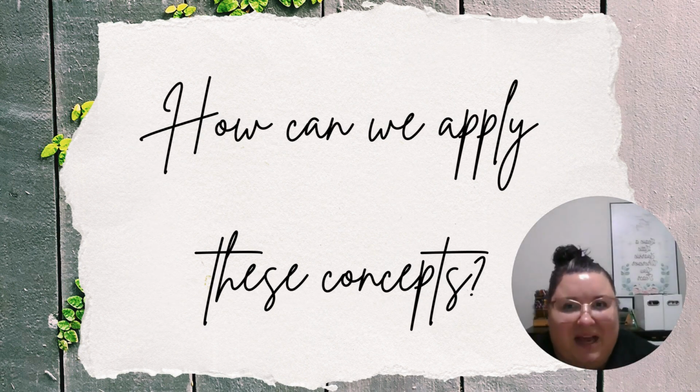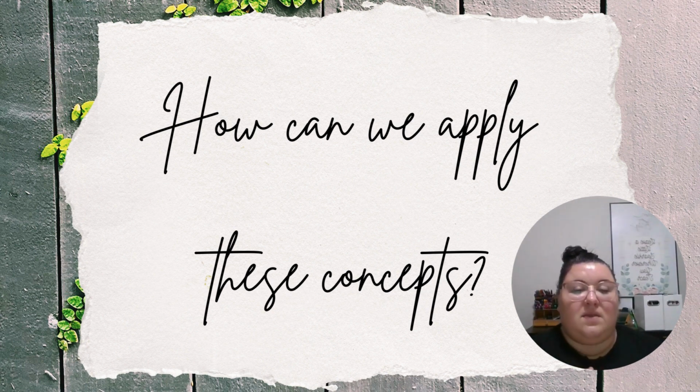So how can we apply these into our professional development and into our presentations to make things better? The first thing we can do is look at the fact that adults are motivated to learn. And by looking at that, we can come up with presentations that are going to teach them the things that are relevant to them, that help them learn and grow.